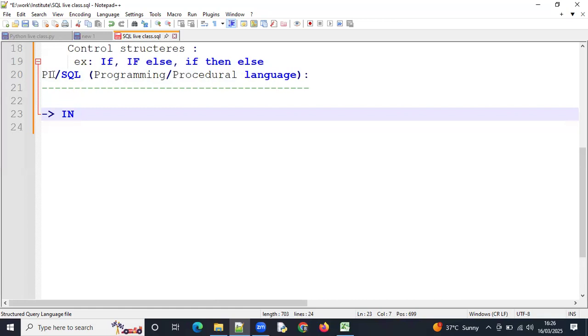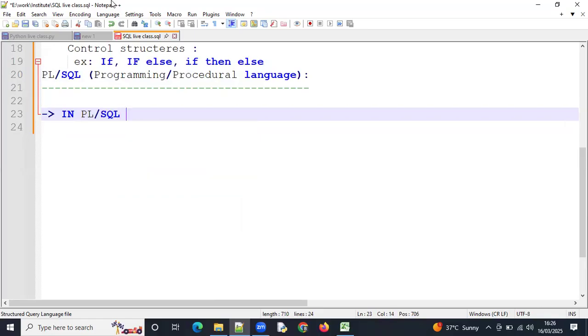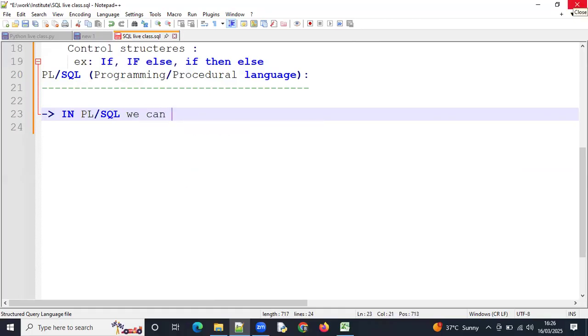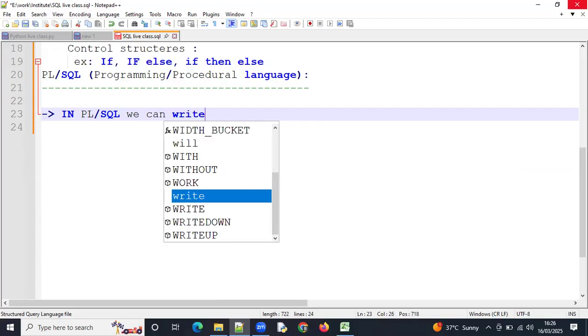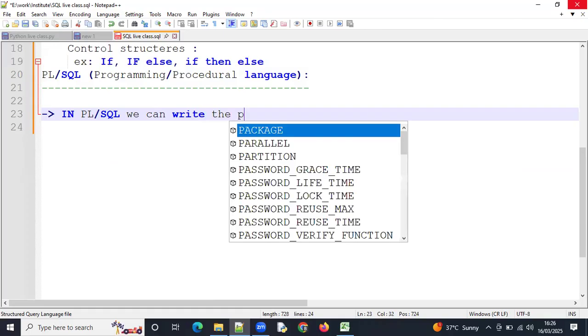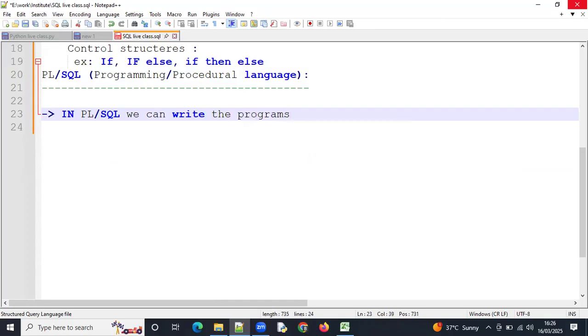That is the difference between PL SQL and SQL.